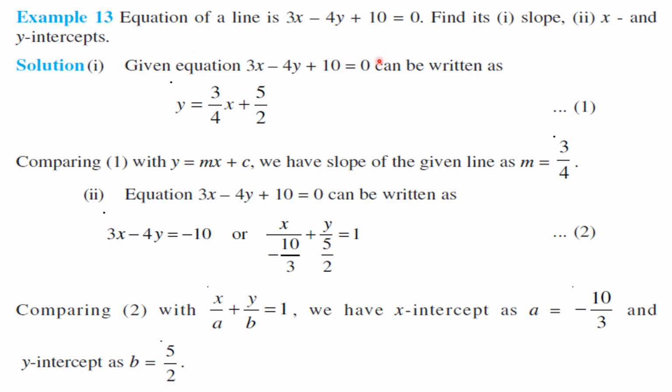Okay, my children. So to find its slope and x and y intercepts, let us transform, let us convert this general equation of a line into the slope intercept form. Do you remember the slope intercept form of a line? Yes, y is equal to mx plus c.